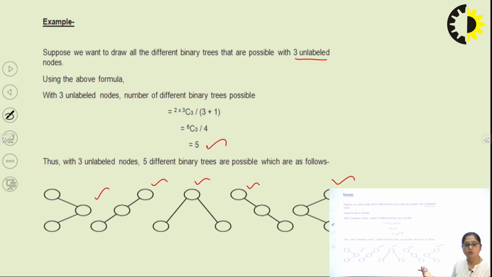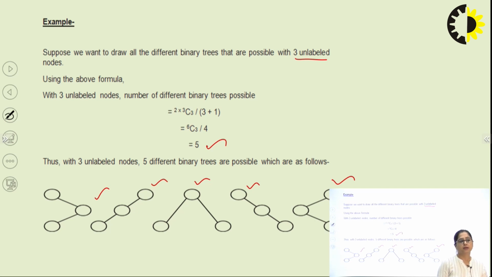After that there is no possibility to draw another binary tree. Okay, so you can see that it follows the property of a binary tree, that means at least 0 child, 1 child or maximum 2 children. So this is the way you calculate how many different binary trees are possible with a certain number of nodes.